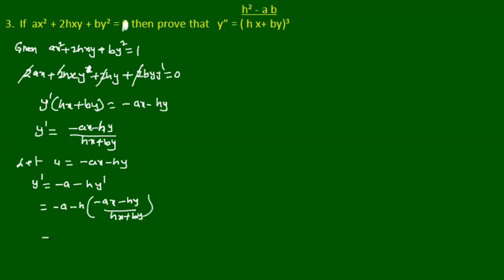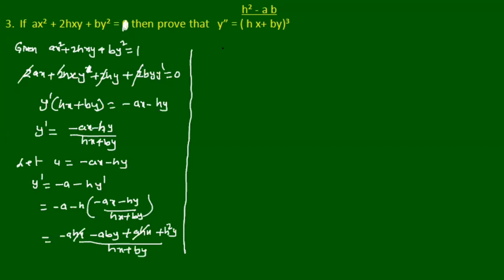This becomes minus ahx minus aby plus ahx plus h square y by hx plus by. So ahx gets cancelled. U dash is equal to h square minus ab by hx plus by.